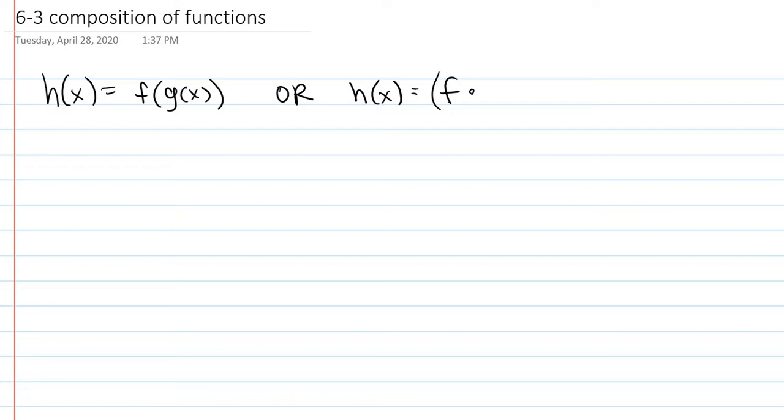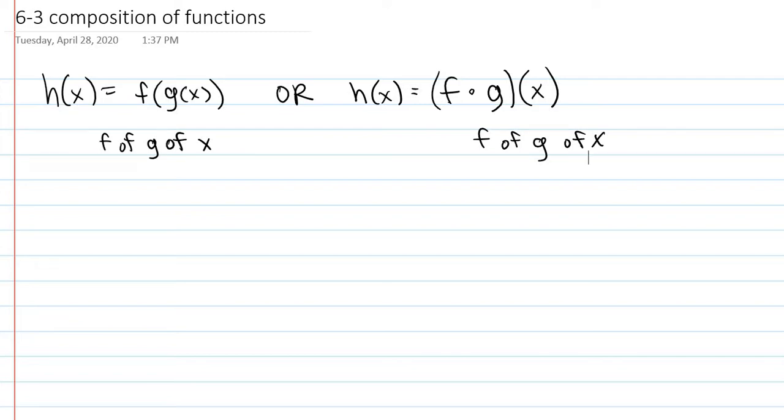It's not a dot, it's not filled in like the multiplication, it's a little open circle, then g, and the x would be on the outside. And those are the same thing, they both mean composition. So you would read this as f of g of x, and this would be the same thing, f of g of x. Okay?